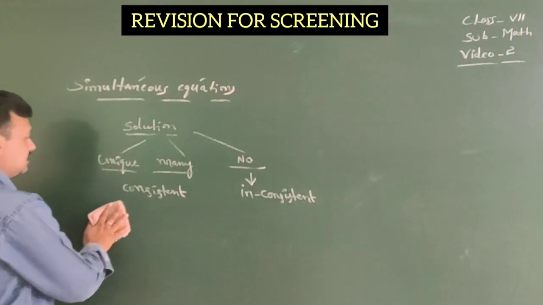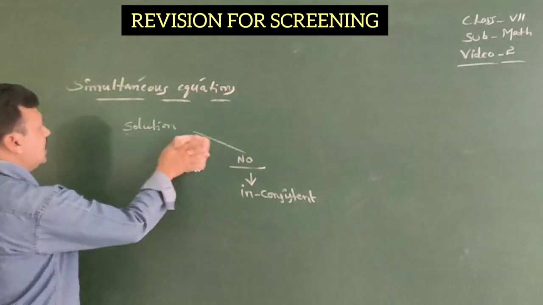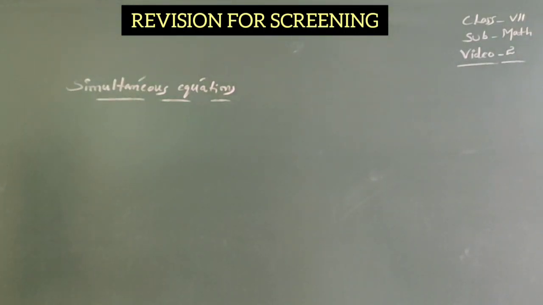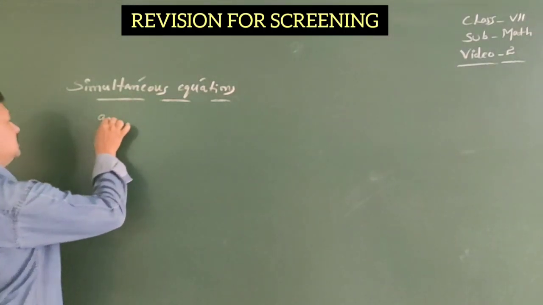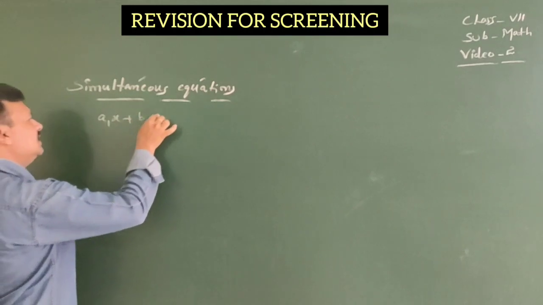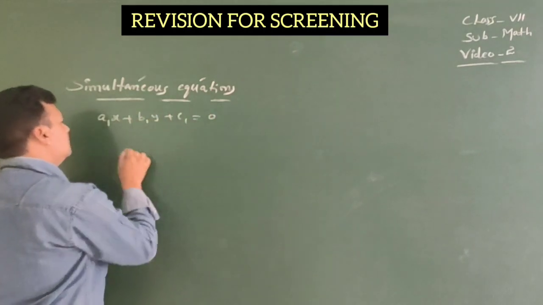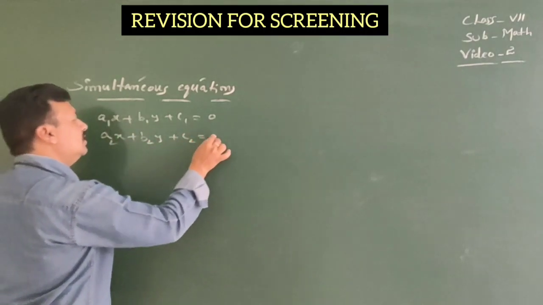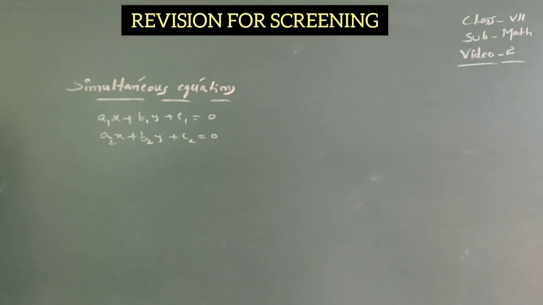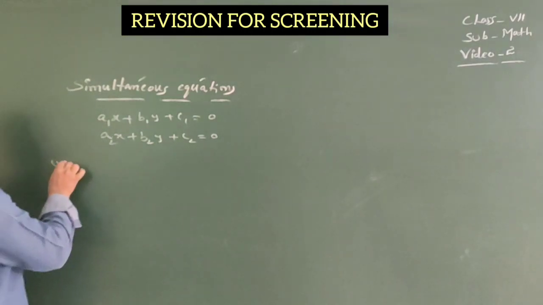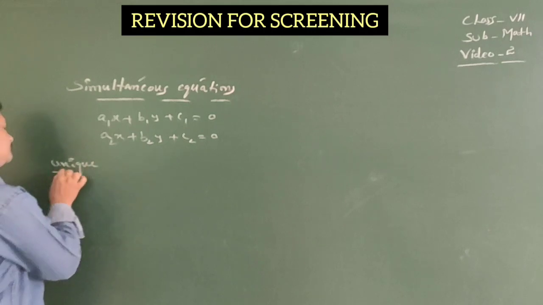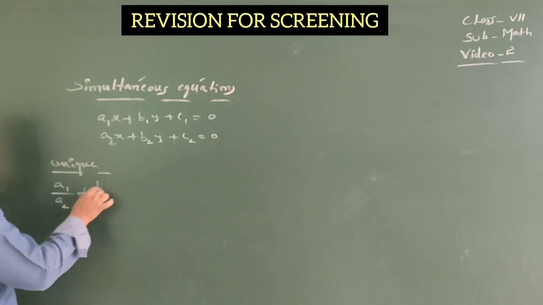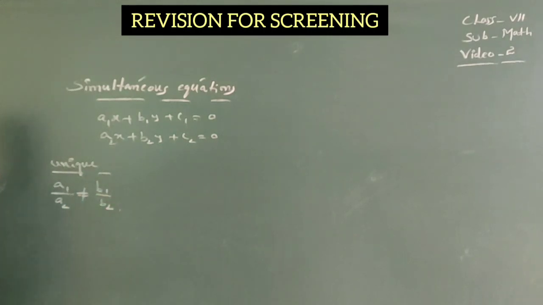Consistent and inconsistent equations. How can you identify the given system is consistent or inconsistent with the help of these equations? a1x plus b1y plus c1 equal to 0, a2x plus b2y plus c2 equal to 0 be the system of simultaneous linear equation. If it has a unique solution, a1 by a2 is not equal to b1 by b2.